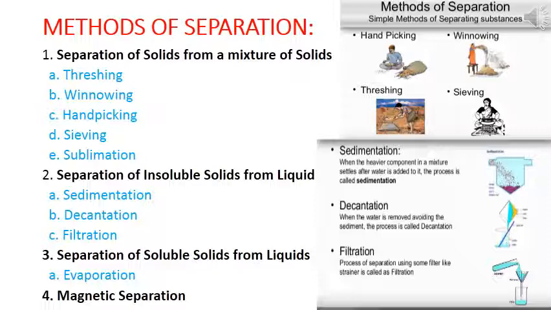In the mixture part 2 video, we discussed under methods of separation part 1, separation of solids from a mixture of solids like threshing, winnowing, hand picking, sieving and sublimation. In this video, we will deal with separation of insoluble solids from liquid, separation of soluble solids from liquids and magnetic separation.